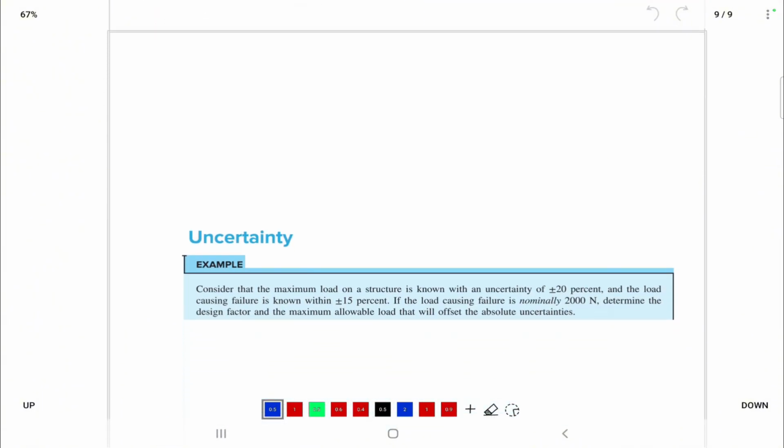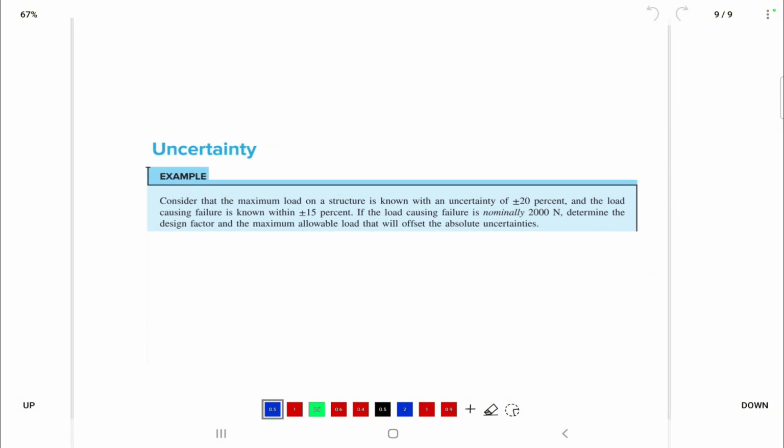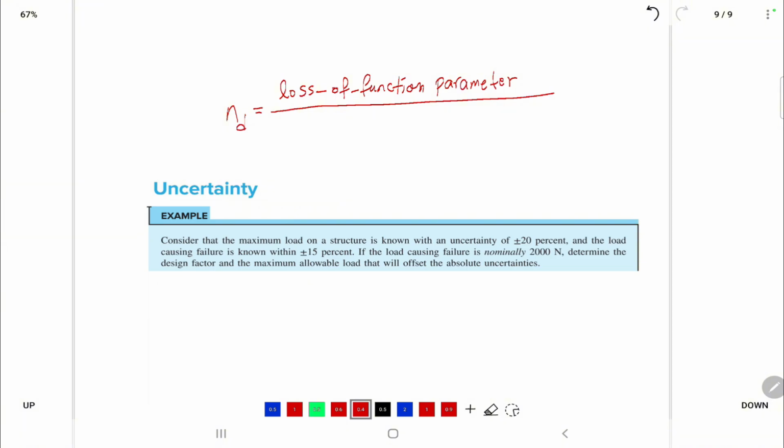Okay, now we will go through. In the previous session we discussed the concept of uncertainty, and we highlighted that it is given as n sub d, and we define it as loss of function parameter over maximum allowable parameter.